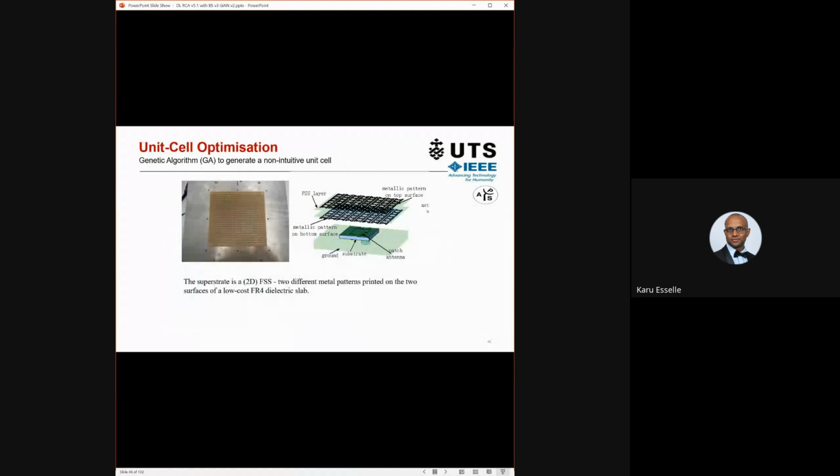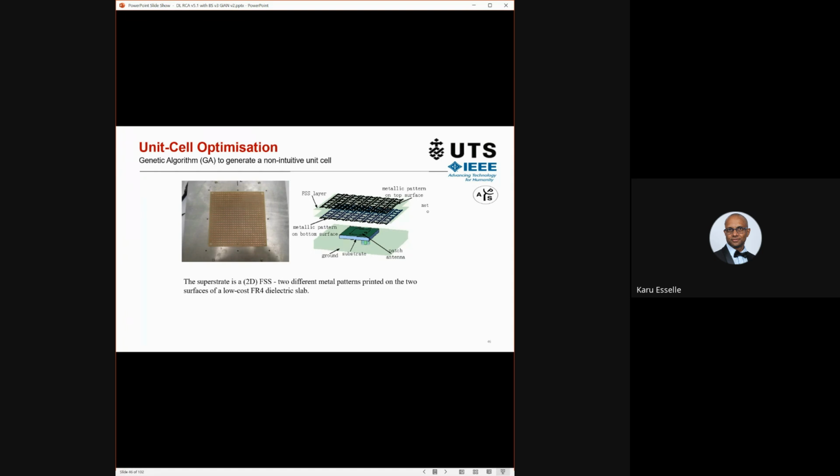So our genetic algorithm application is here. Here we are trying to optimize the printed pattern of a FSS type resonant cavity antenna, right?